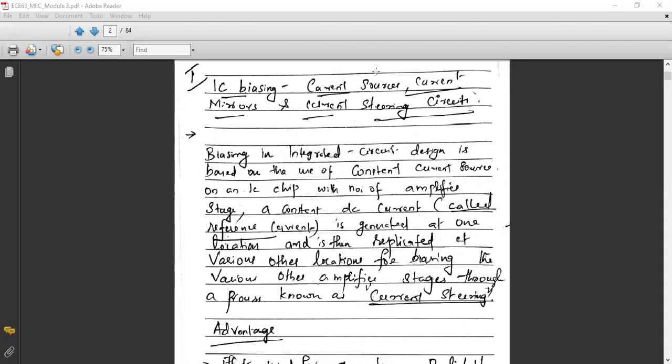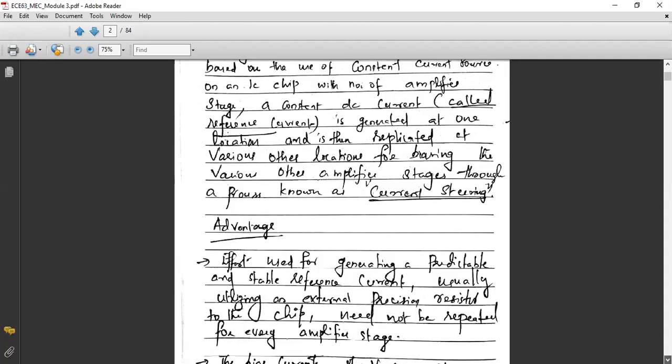And current steering means it is not confined to one location of an IC. If we have produced a desired current at one part of the IC, and we need the same current in different parts of the IC, we steer the current from one location to another by using some circuit technologies. For that we need a current steering circuit.